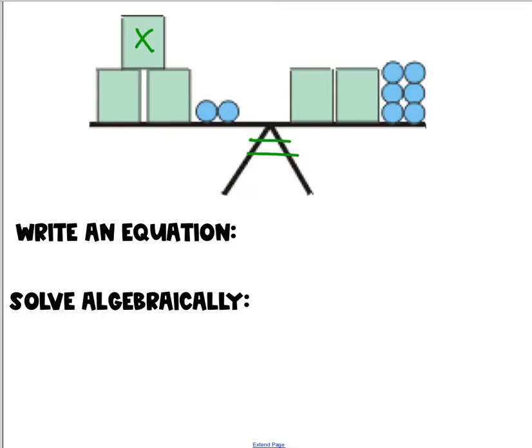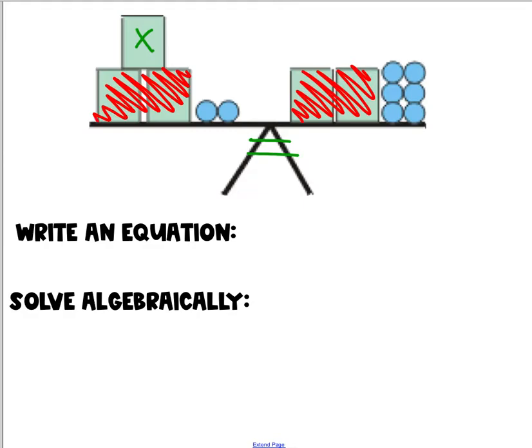Well, we can get rid of 2 rectangles on the right, which means I have to eliminate 2 rectangles on the left to keep it balanced. I can get rid of these 2 blue circles on the left, which means I have to get rid of 2 circles on the right. So I'm left with my one box is equal to 4 circles.